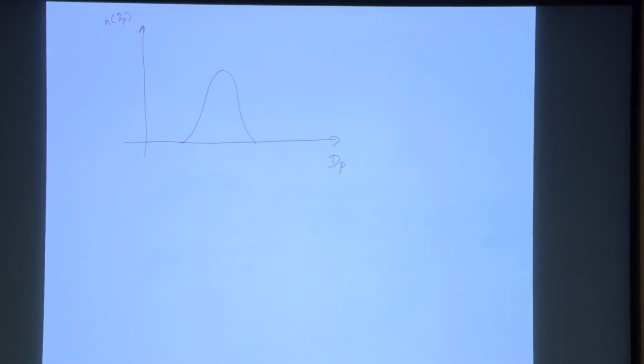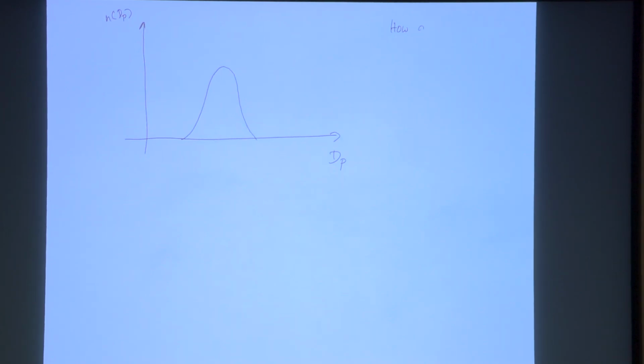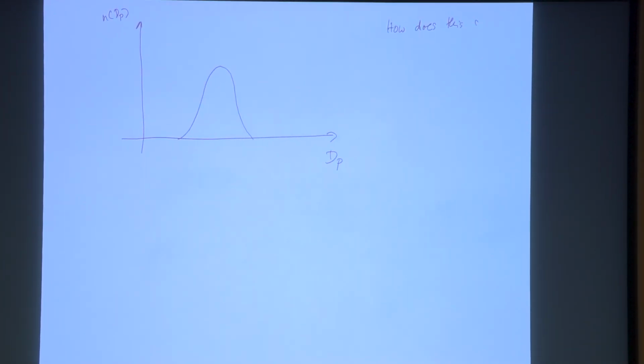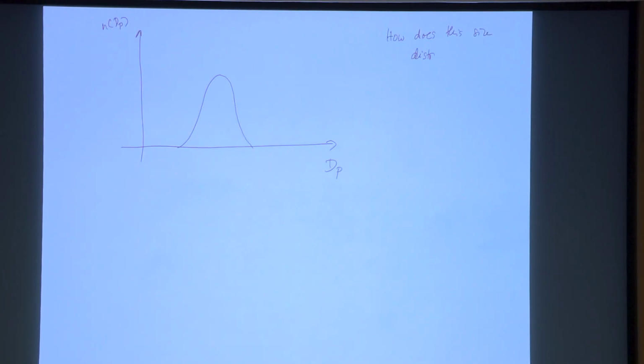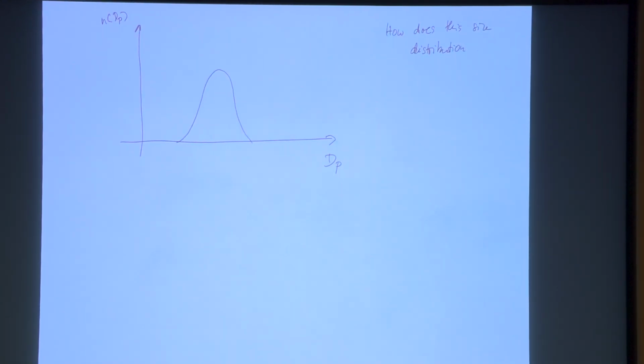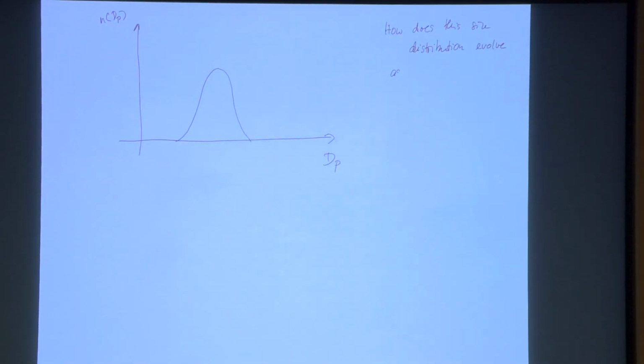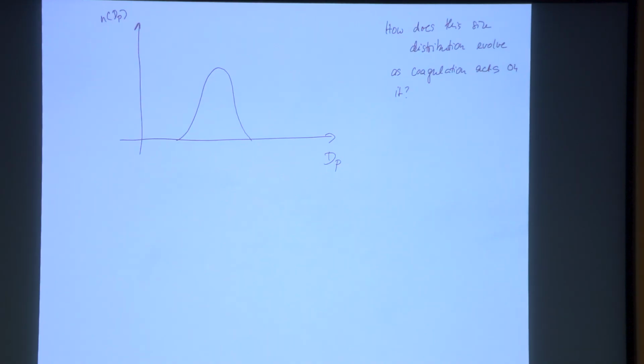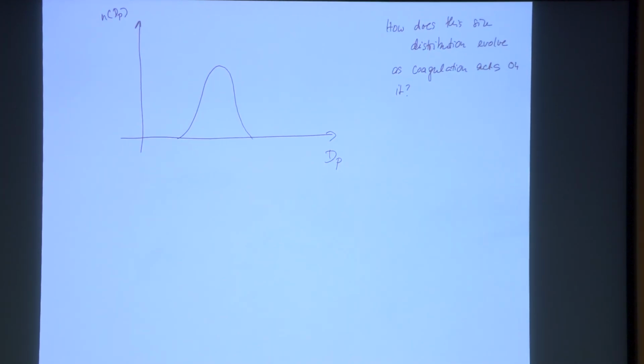How does this size distribution evolve as coagulation between all the particles in that size distribution acts on it? Let's take a couple of minutes each, and try to see what you come up with. You can talk to your neighbor.